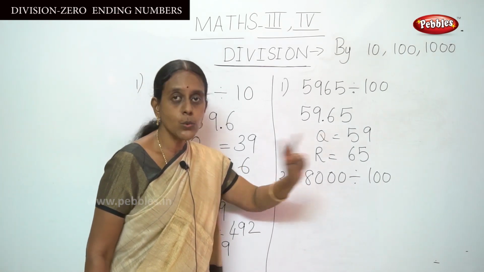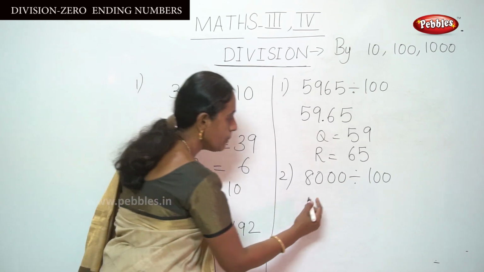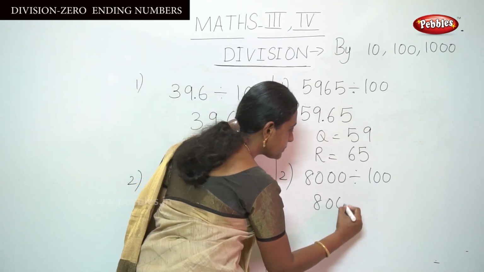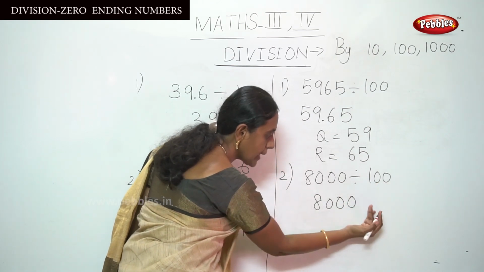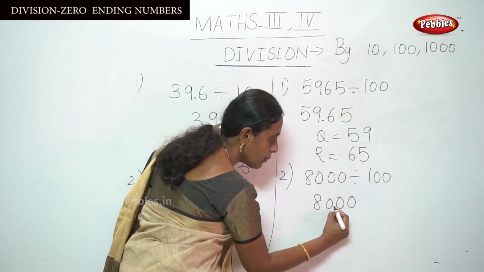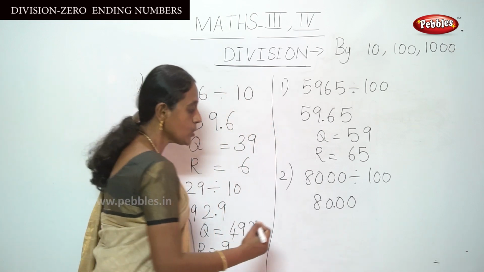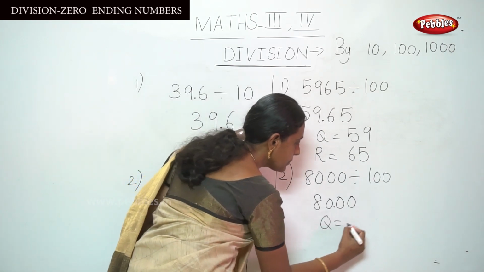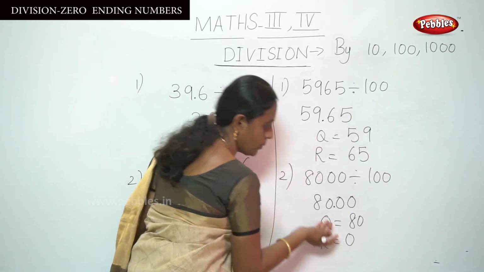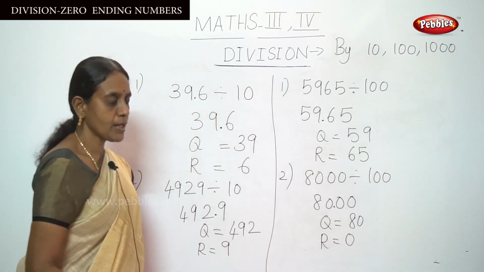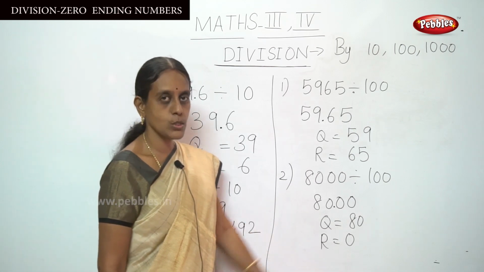Now there are 2 zeros, children. So count the zeros, that is 1 2. From the right towards our left, put the decimal point here. Okay, so the quotient is 80 and the remainder is equal to 0. Putting 1 zero is also the same value. That is the answer, 0.